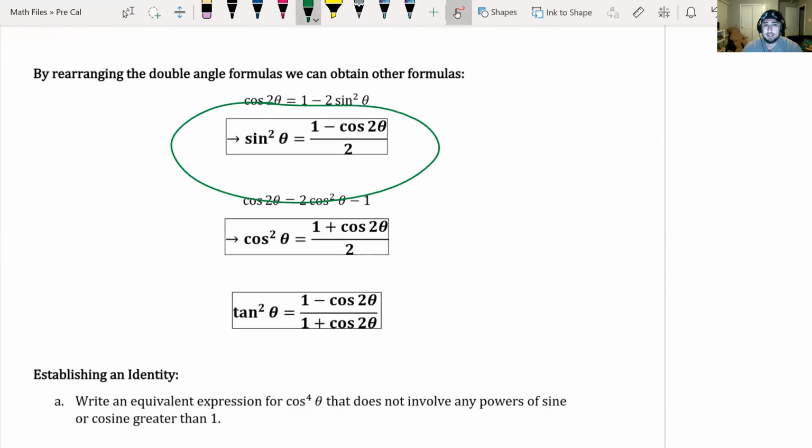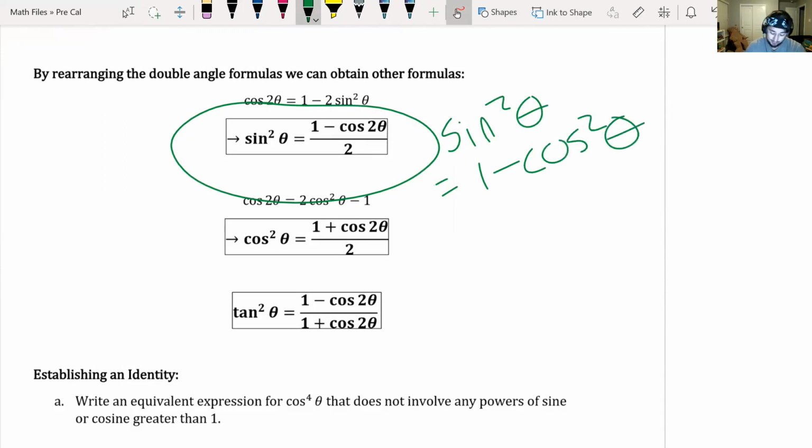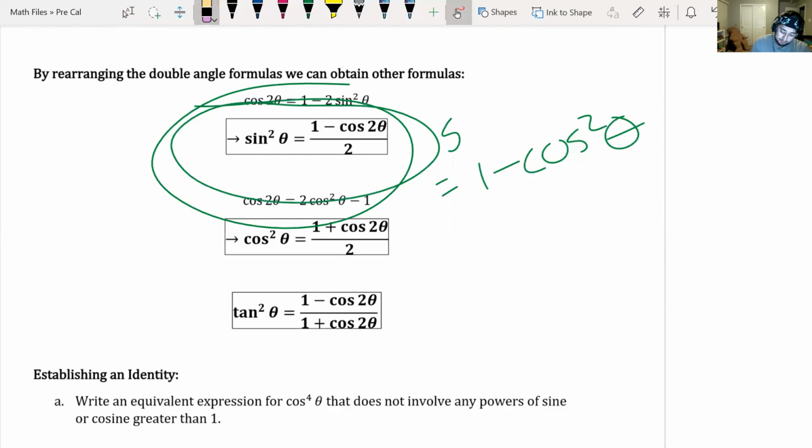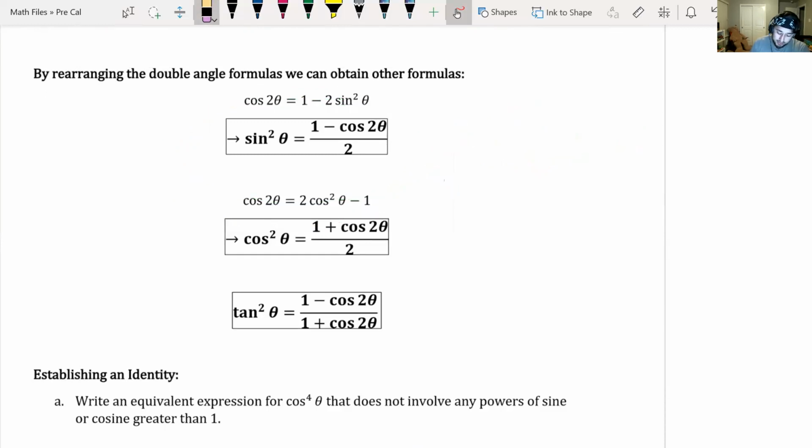But we thought sine squared was 1 minus cosine squared. It is, but it's also this now, only in terms of a double angle, okay? So if we rearrange that, we get a formula for sine squared, which is going to be equal to 1 minus cosine 2 theta over 2.